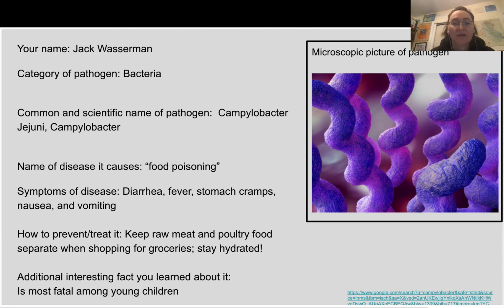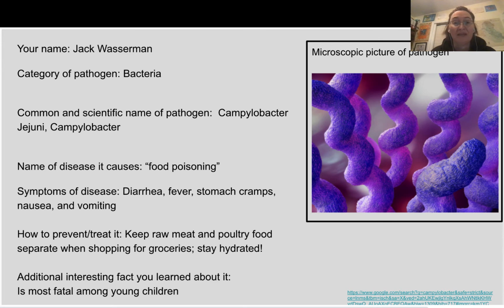So yay for diarrhea, fever, stomach cramps, nausea, vomiting. You get it from handling and getting into you this bacteria, which can be on raw meat, especially poultry. This bacterium will be the star of the show in our virtual lab that's coming up just before break. So Campylobacter jejuni, also known as CJ for its friends, will show up again soon.